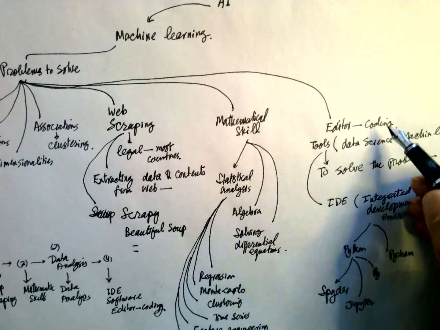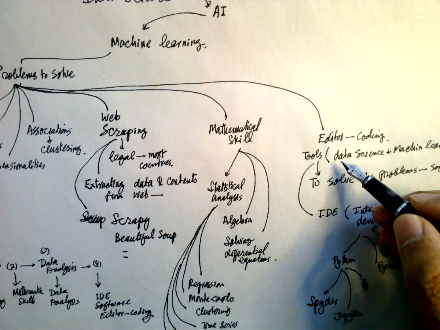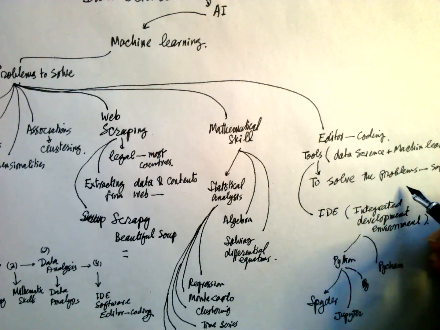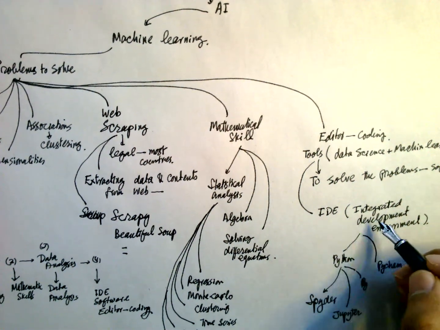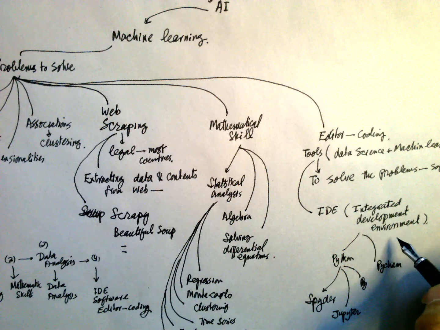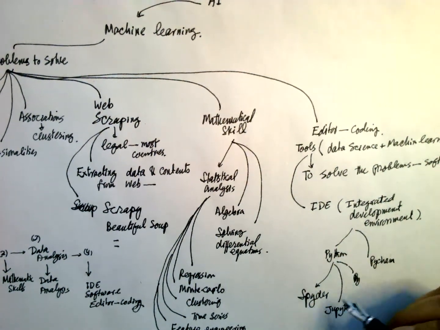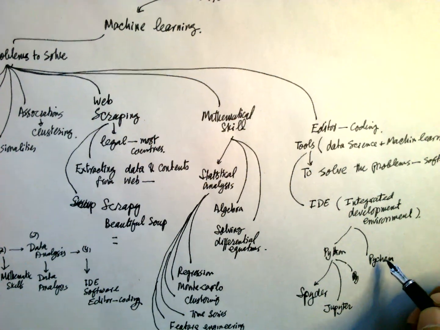Next, we need an editor for coding as a tool. This is for data science and machine learning to solve problems as software. You need an IDE, an integrated development environment. Python is good, with Spyder and Jupyter, and PyCharm is also very good.